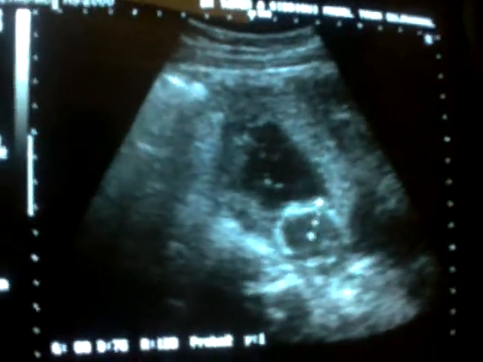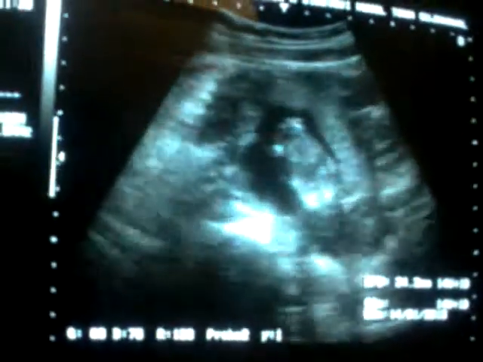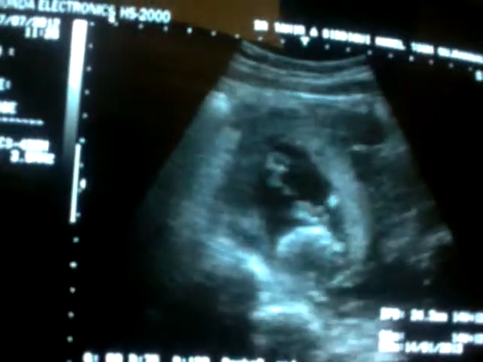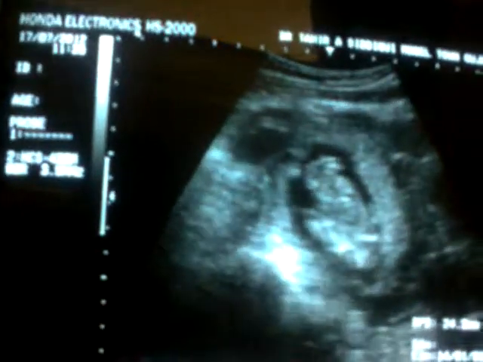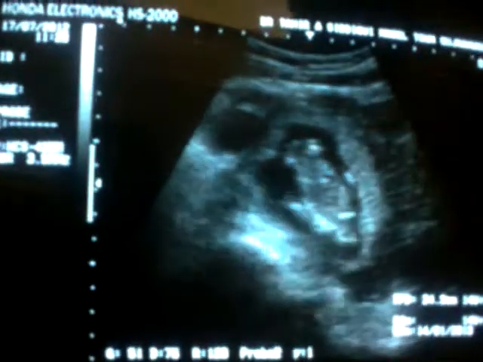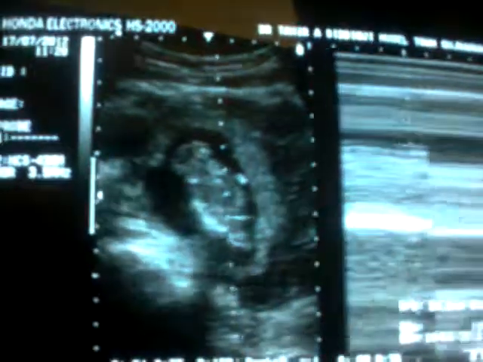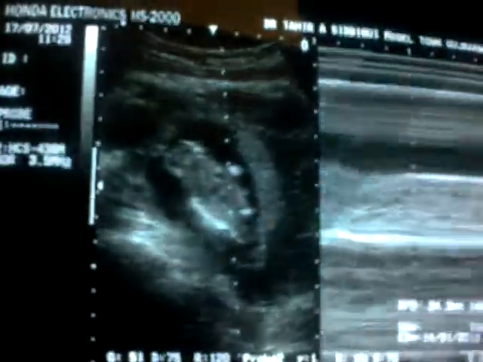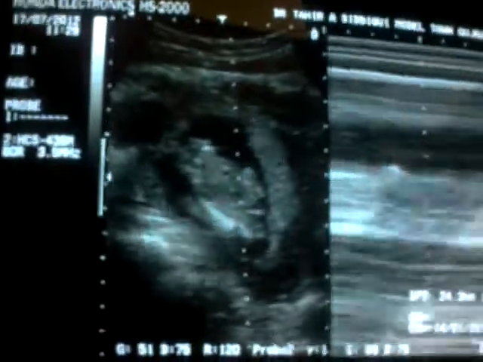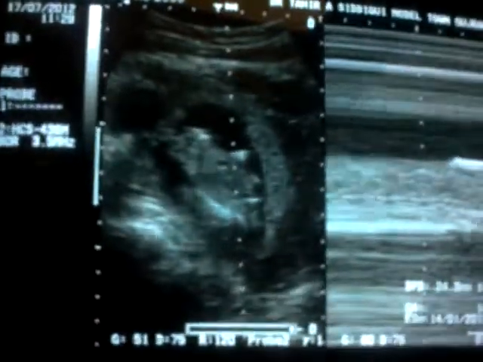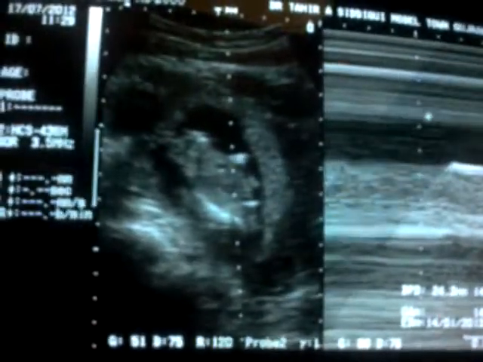and the biparietal diameter is consistent with a 14 weeks pregnancy. BPD measures 2.4. You can see the activity in the fetus, and we can see the cardiac flicker as well. You see, this is the cardiac flicker with these waveforms.